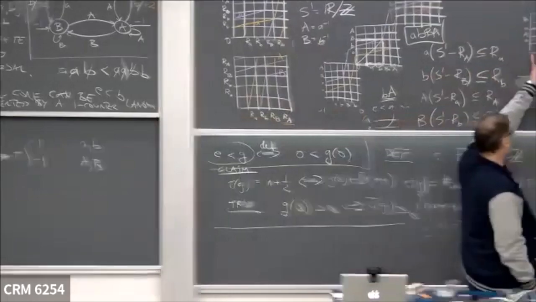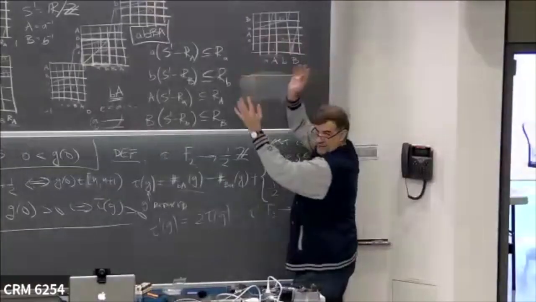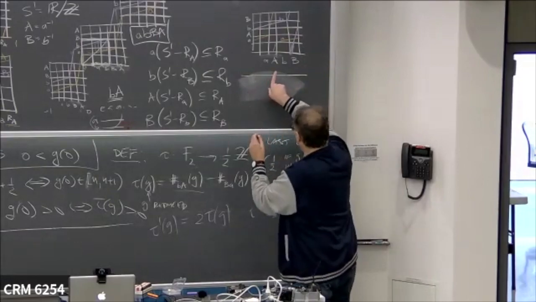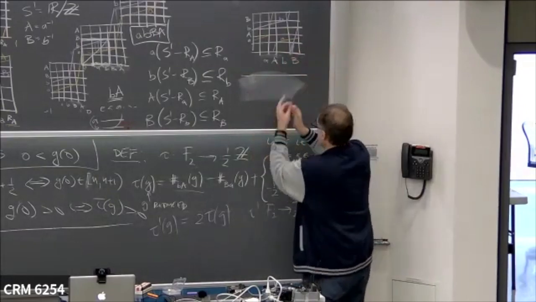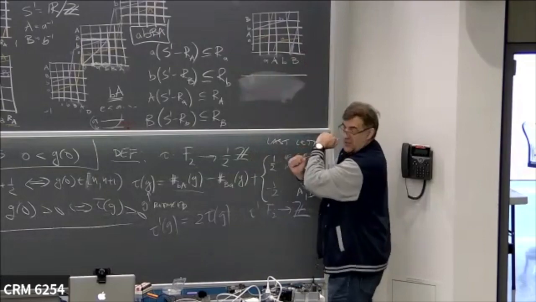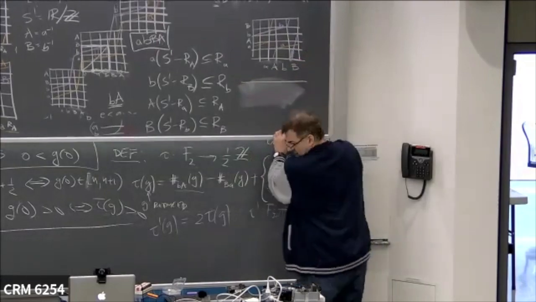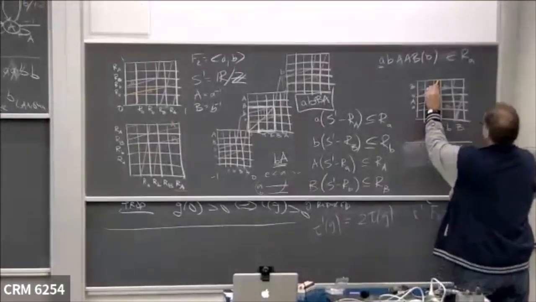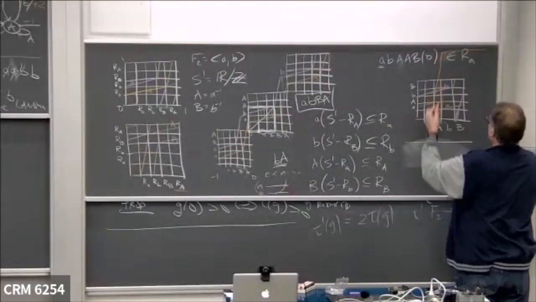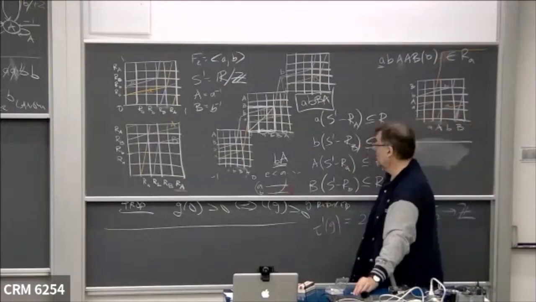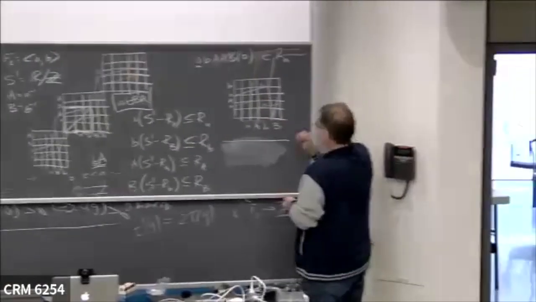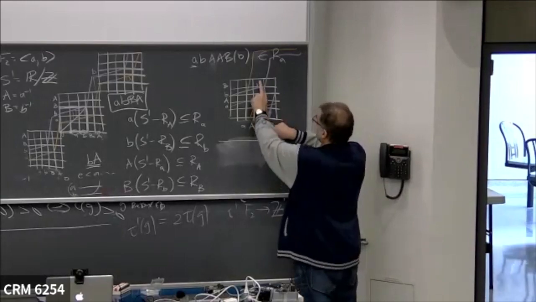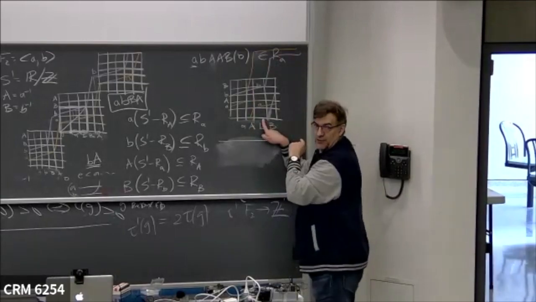Start with this action on the circle, lift it to the action of R, and then start counting under what circumstances you're jumping to the right over an integer. For example, yeah, let's do an example. If I really kind of extend this, it will start looking something like that when I lift it. So, for example, if I'm in the region D, little b, and I apply A, I will jump over an integer.